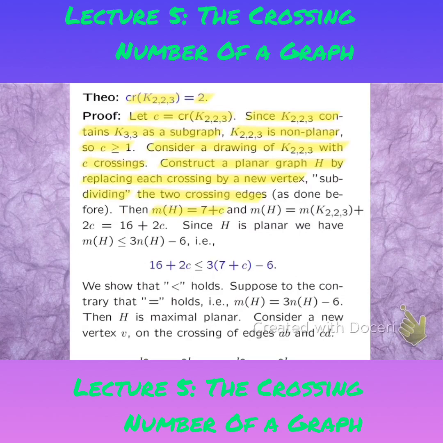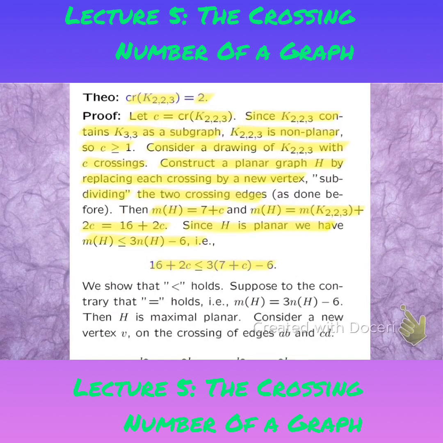We're adding C vertices, and each time we place a vertex at a crossing, we're increasing the number of edges by 2. So in total, we've got the size of K_{2,2,3}, which is 16, plus 2 times C, that's the size. Now H is planar, so we have that the size is at most that bound, and then plugging in we get an inequality.